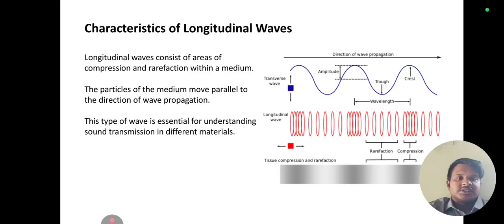The particles of the medium move parallel to the direction of wave propagation, and this type of wave is essential for understanding sound transmission in different materials. Like this diagram, briefly observe this diagram. We can understand it clearly in the slide.